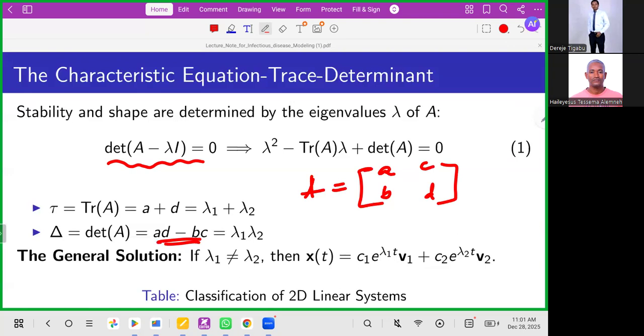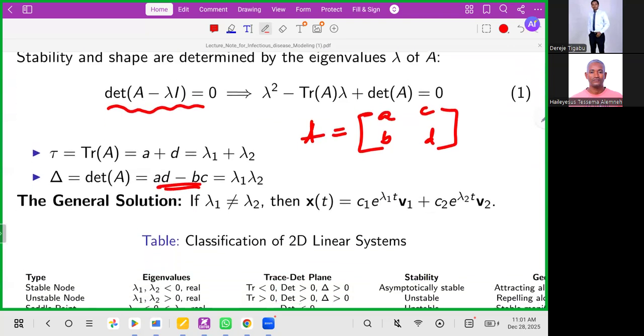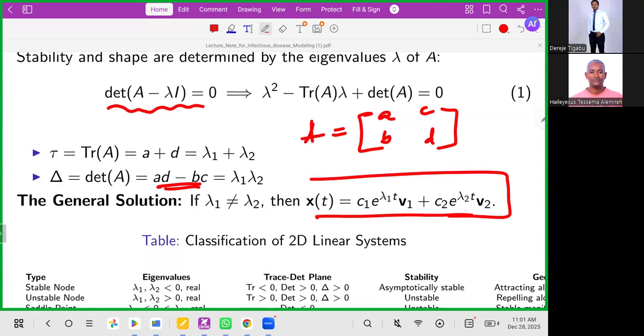If we consider lambda 1 and lambda 2 as the eigenvalues of this characteristic equation, and they are different, the general solution is of this form, as I said before.